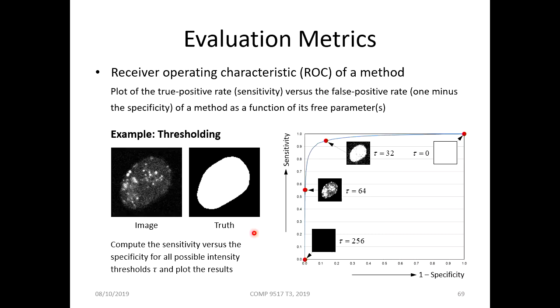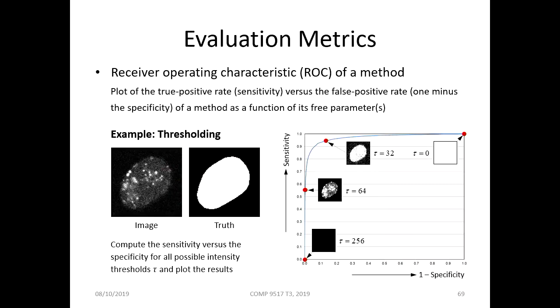But you're going to look at it one at a time in this case. So what I'm showing you here is just the simplest case for thresholding. If this is the image, and I set a threshold, I'm going to get an output image. And so this is the input, and this is what the segmentation algorithm should give me. This is the truth, manually labeled.